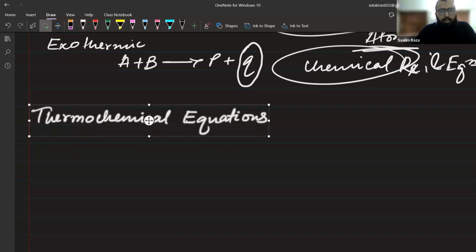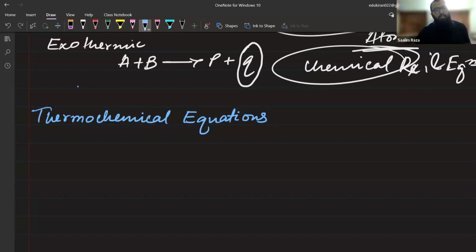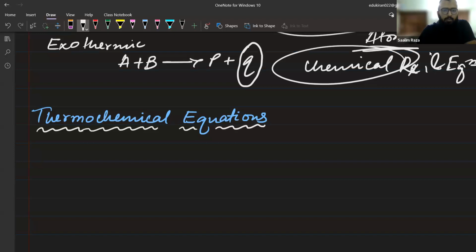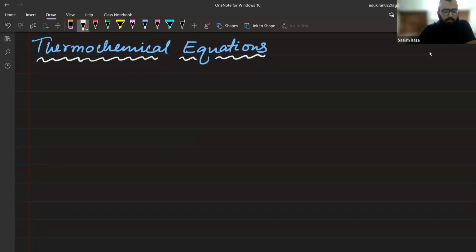What will a thermochemical equation have? We remember chemical equations very well. Now what we are adding is just one more piece of information, that is of thermodynamics, about heat, and that will become thermochemical equations. इसके बारे में एक दो लाइन लिखते हैं, फिर इसको अच्छी तरह से समझने की कोशिश करते हैं. Please write thermochemical equations, and then in this topic you write a balanced chemical equation.